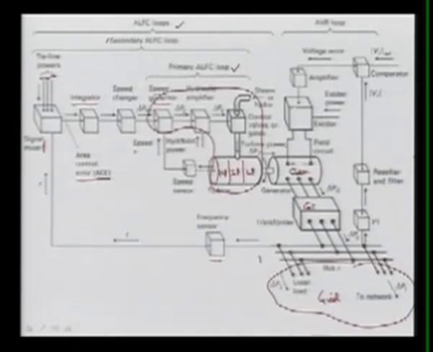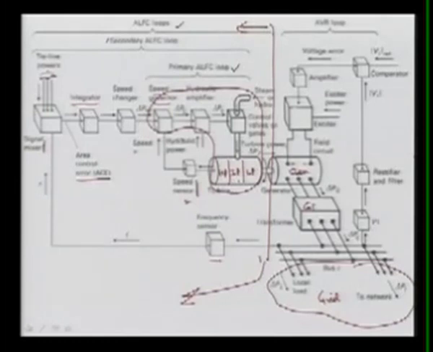Here a governor, then we modeled the turbine. Here also we can see that we are just sensing the speed, and then we are giving it to the speed governing system. So there are two things here: it is measuring your speed, thereby frequency, and then it is controlling. So this complete loop up to this part we modeled and analyzed in the previous 6 lectures.